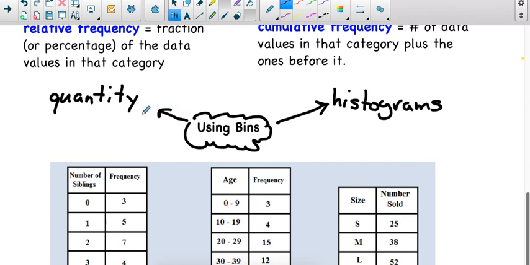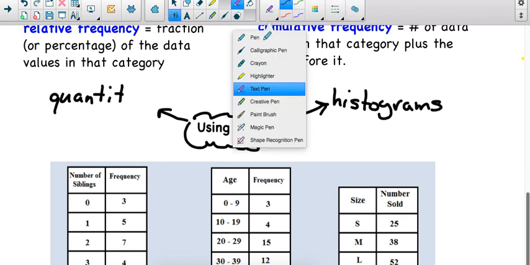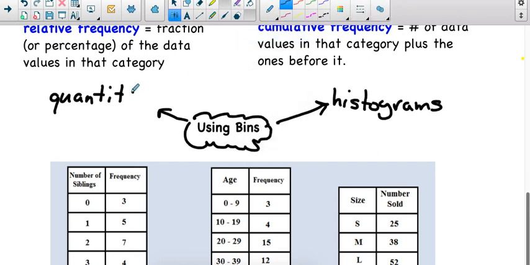So quantitative data is the only time we'll use bins, and that's going to be when we have either interval or ratio types of data.